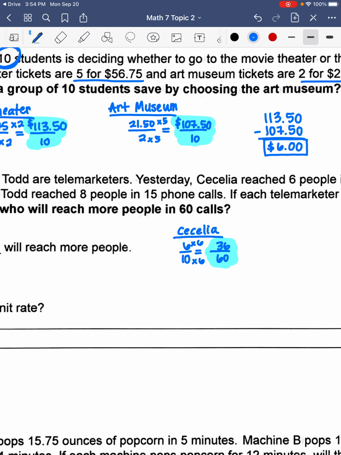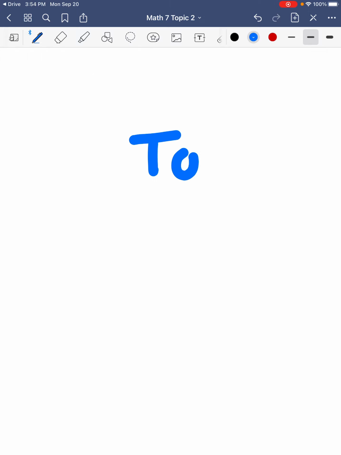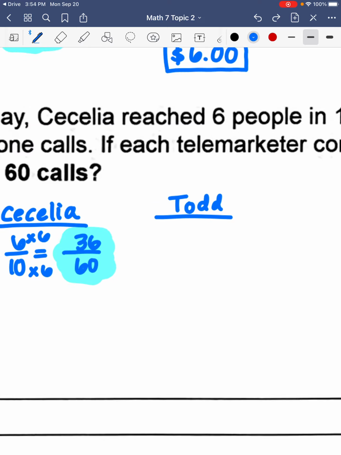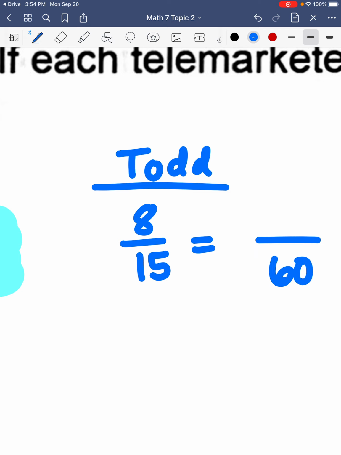Now let's talk about Todd. It tells us that Todd reaches 8 people in 15 phone calls. But we want to know how many people he'll reach if he makes 60 phone calls.